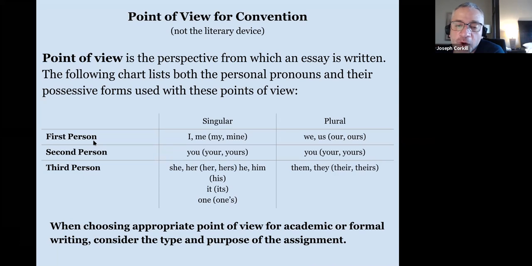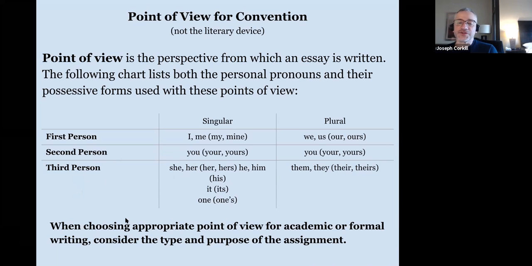You can still get a 4 out of 4. However, for the classroom, you need to avoid first person for now for this type of formal text analysis response, and avoid second person. We will write third person with she, her, hers, he, him, his, it, its, one, ones, them, they, their, and theirs.